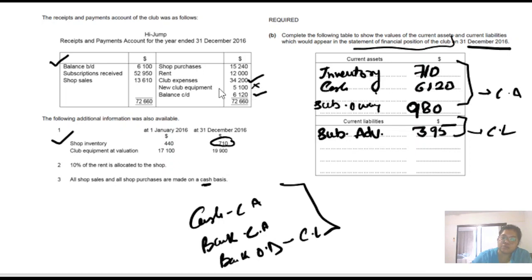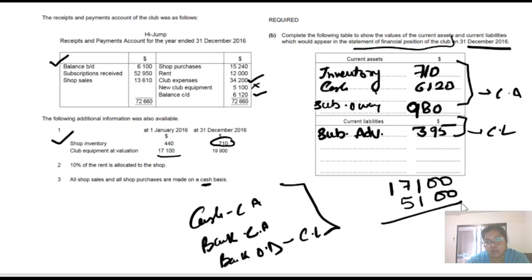Equipment is assets, but definitely we have to calculate the depreciation from equipment. So how we are going to calculate the depreciation? So equipment having an opening value which is 17,100. Okay, we purchased equipment, that is 5,100.